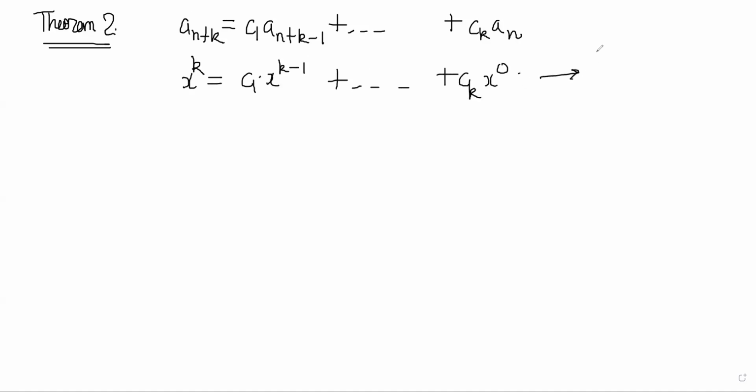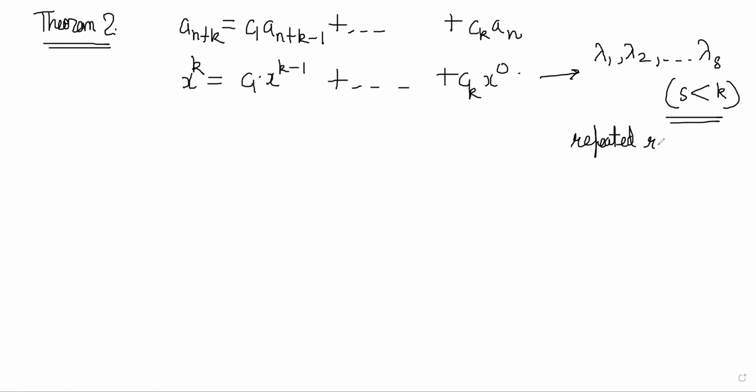And this characteristic equation has roots lambda 1, lambda 2, up to lambda s, where s is less than k. Why is this less than k now? Because some of the roots could be repeated roots. Because we have repeated roots, therefore we will not have all k distinct roots, right?